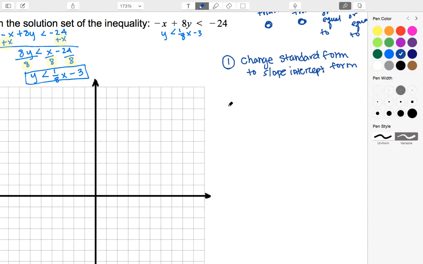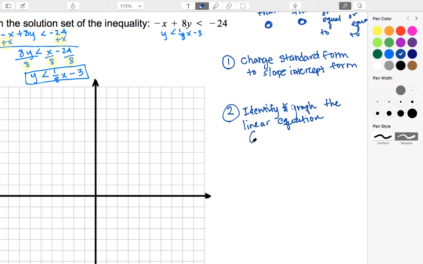It's not going to be my final answer, but it's going to help us to determine how it could look. So step 2 is going to be to identify and graph the linear equation.